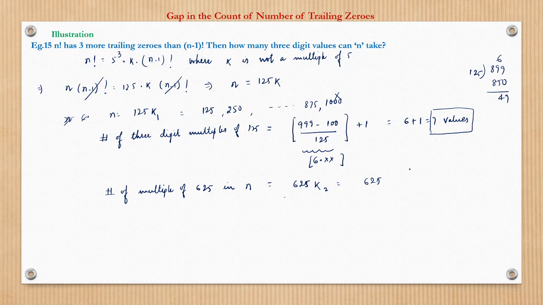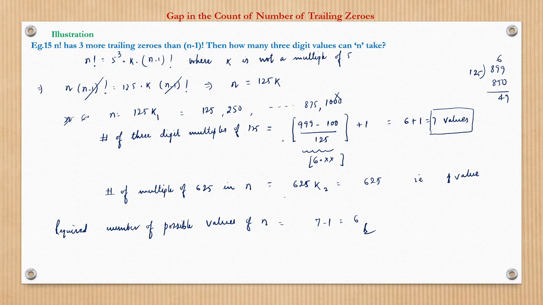So that is only one value. So the required number of possible values of n is nothing but 7 minus 1, which is 6. So 6 is the answer here.